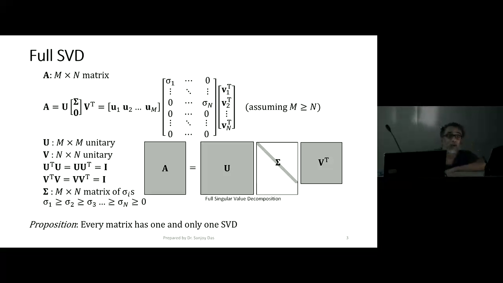It will still hold the unitary matrix property. Same with V. So that's the only caveat. Otherwise, every matrix has one and only one SVD. And in that SVD, remember that the sigmas will be in sorted order: sigma 1 will be the highest, and sigma n will be the lowest.